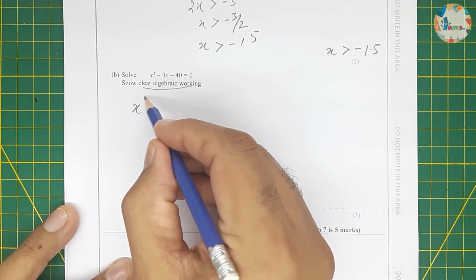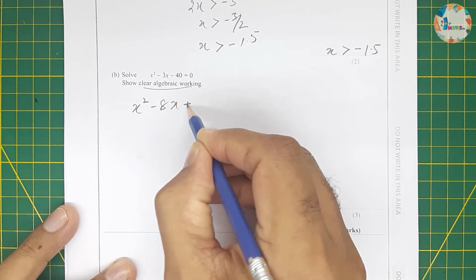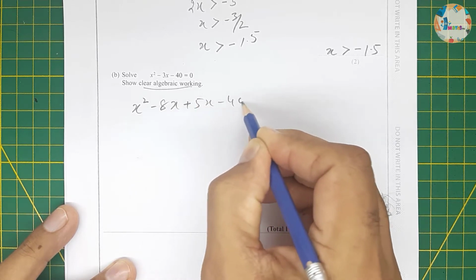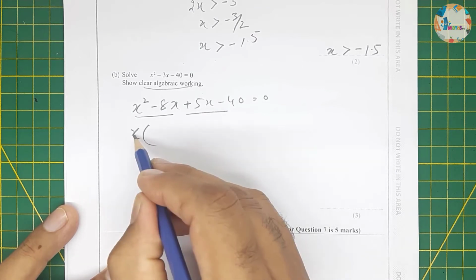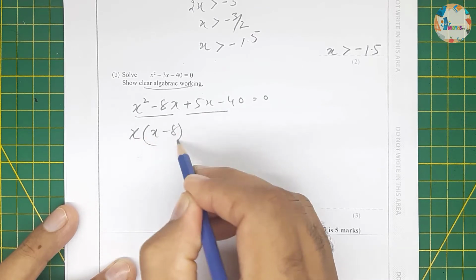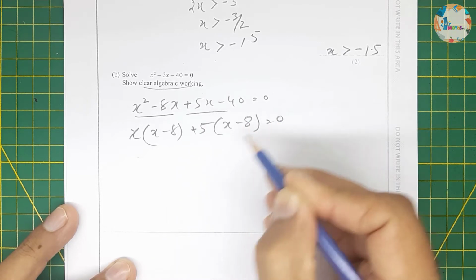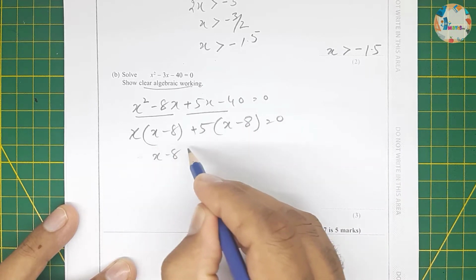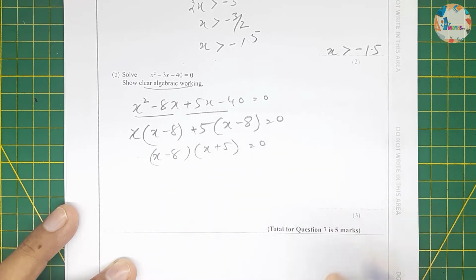So it will be x squared minus 8x plus 5x minus 40 is equal to 0. We can make pairs, and x will be taken common. So x minus 8 is common, and we can write x minus 8 and x plus 5 is equal to 0.